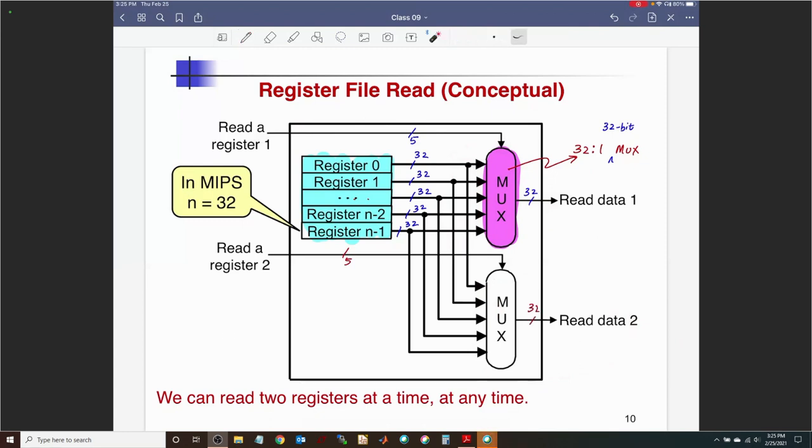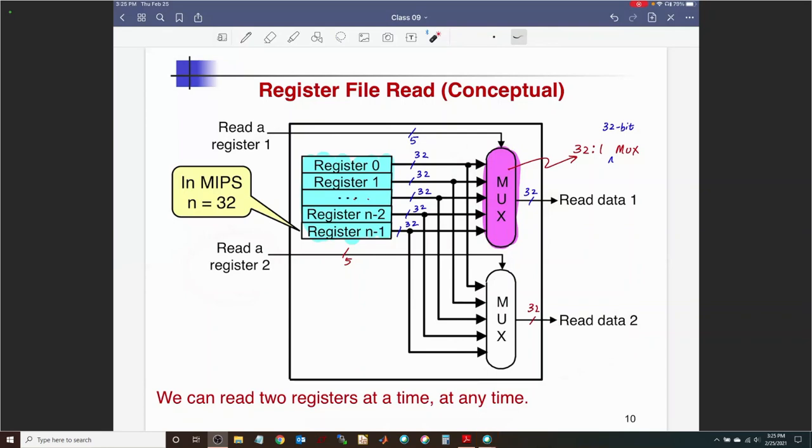So the same 32-bit registers are an input to the second mux here, and depending on the control provided by the read register 2, you pick one out of the 32 registers. It's a big boy mux. Okay. You guys see that? So when you're trying to read, you have all the 32 registers and you have two multiplexers.